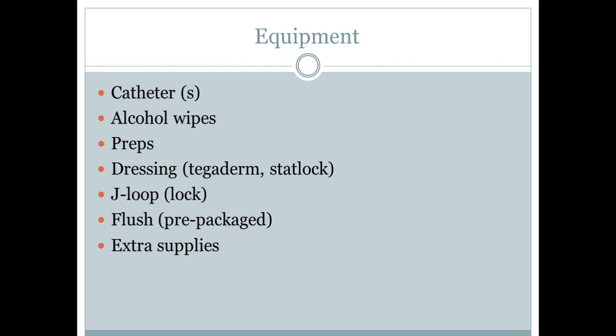There's a lot of research out there, and the type of catheters you use will dictate whether you use heparin. That heparin, just like the saline, has to be prepackaged from the manufacturer or drawn up and labeled by the RN or pharmacist. Again, always good to have extra supplies just in case you drop something or something becomes contaminated.